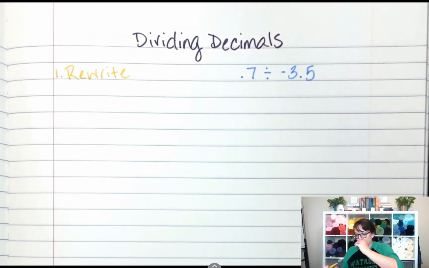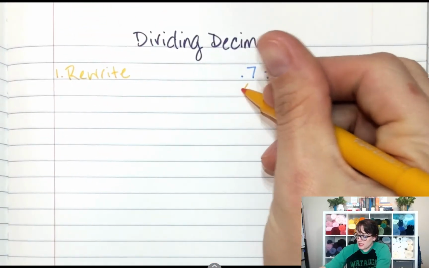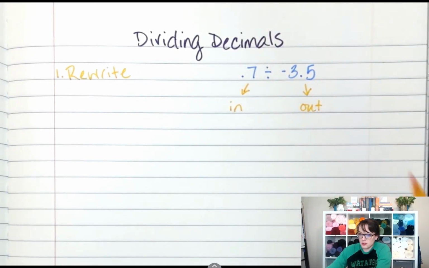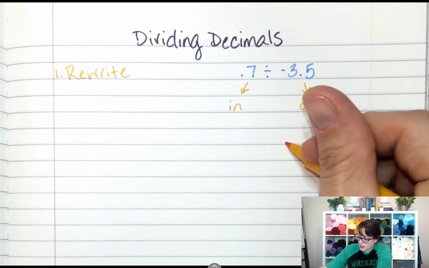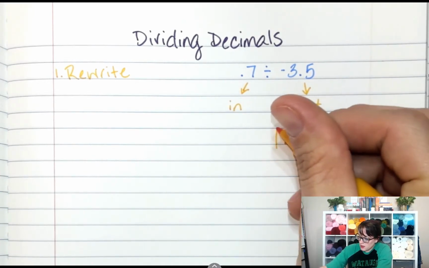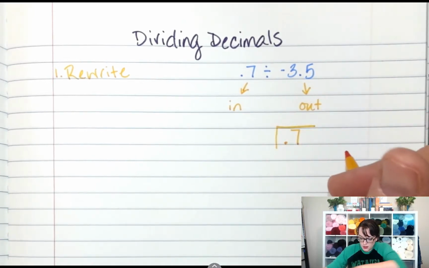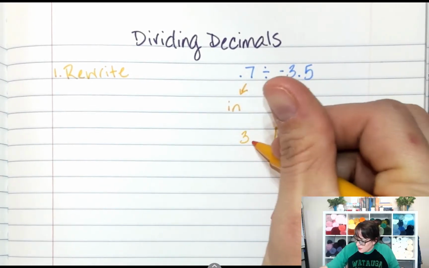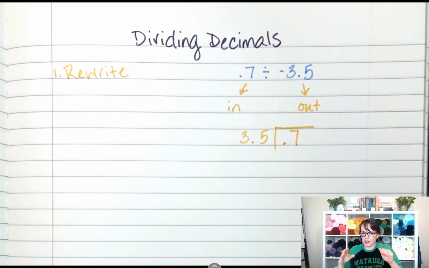This number goes inside, this one goes out. So 0.7 goes in the house, divided by 3.5. We're going to leave off the negative for now because it's not going to affect the division. So we rewrote it. Good.